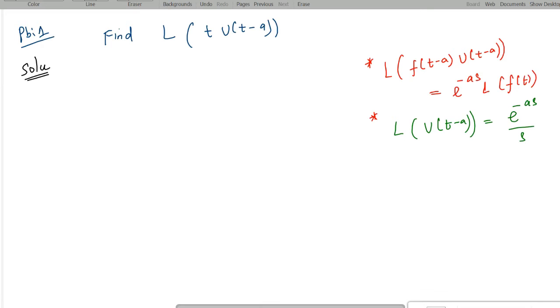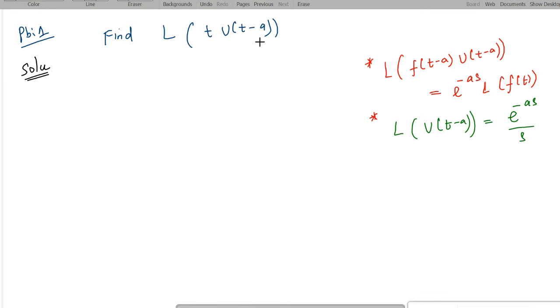Find L of t into u of t minus 9. It is a unit step function. So here I am going to apply this property: L of f of t minus a into u of t minus a equals e power minus as into L of f of t.